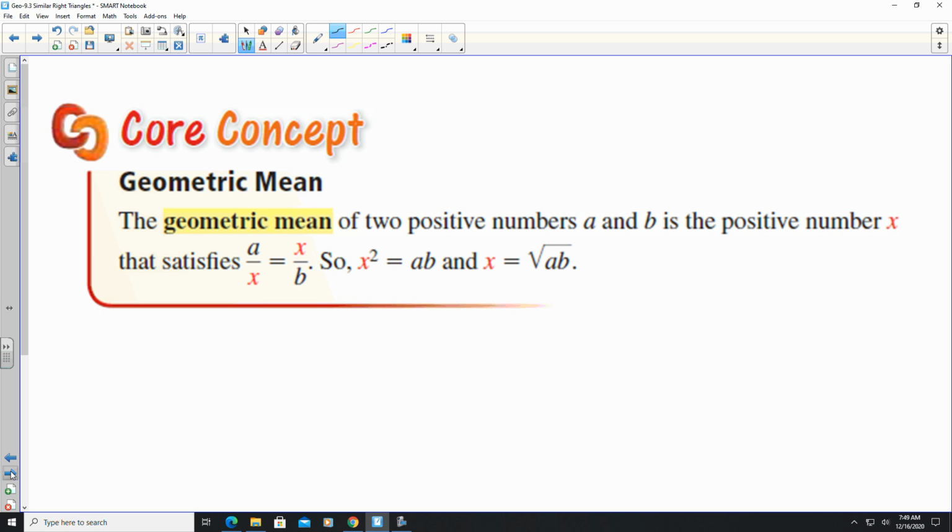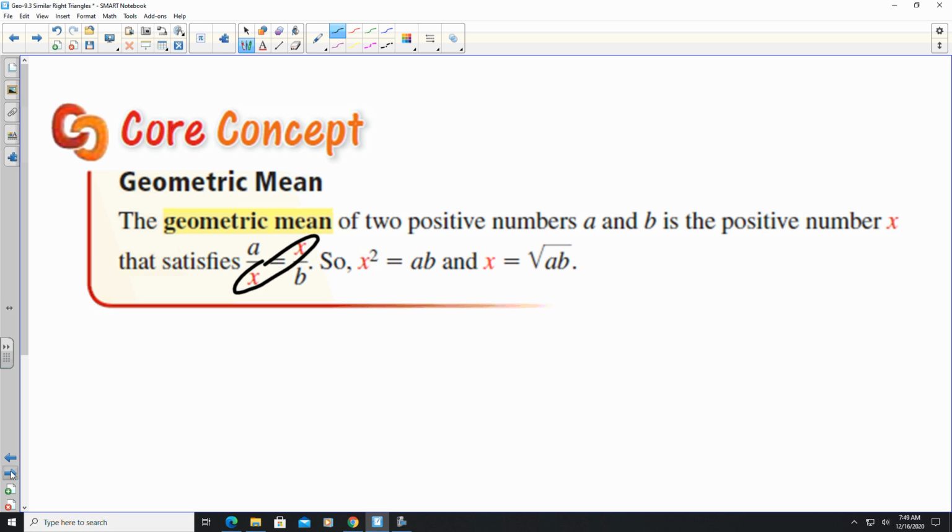Looking at geometric mean, geometric mean is going to be useful when it comes to solving unknowns for these similar right triangles, because you may be given an unknown and you may be only given 2 other values, but your hope is that those unknowns for x are able to be written into the cross product, so you can write it as x squared.